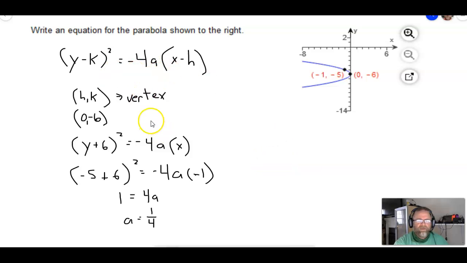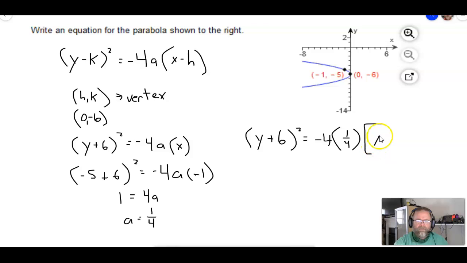Now that we've got everything we need, let's plug it into this equation and simplify. We have y minus negative 6, which ends up being y plus 6, quantity squared, is equal to negative 4 times 1/4, that's the 4a, times x minus 0.